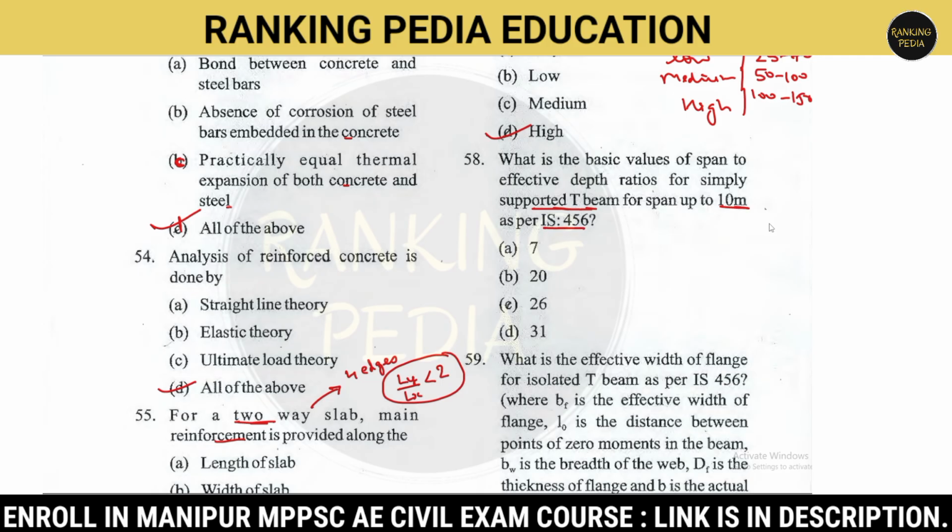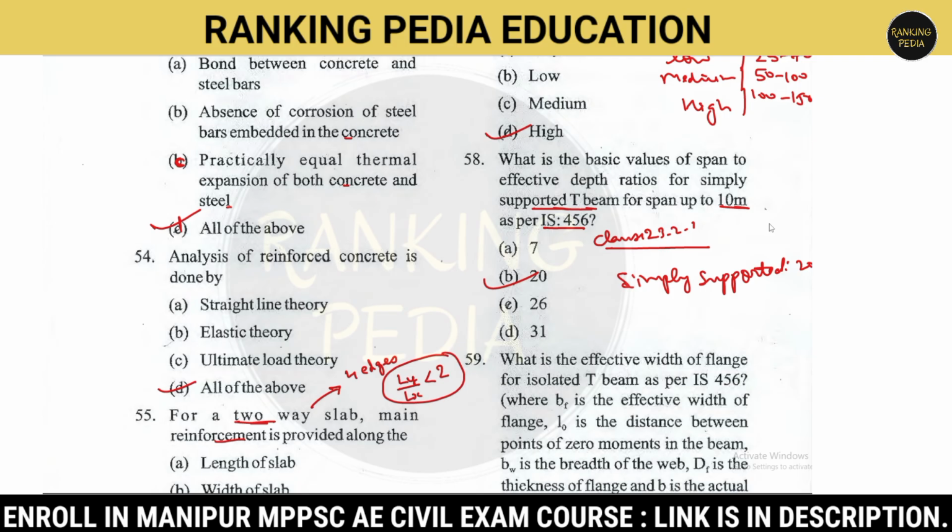According to IS 456 clause 23.2.1, the vertical deflection limits are generally satisfied when the span to depth ratio does not exceed the basic values for spans up to 10 meter. For simply supported, it is 20. Option B is correct.